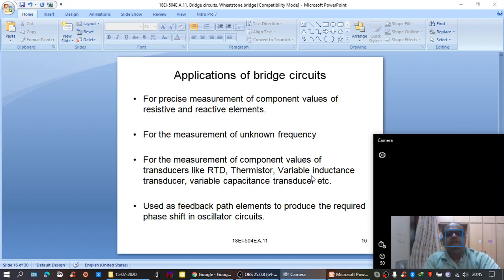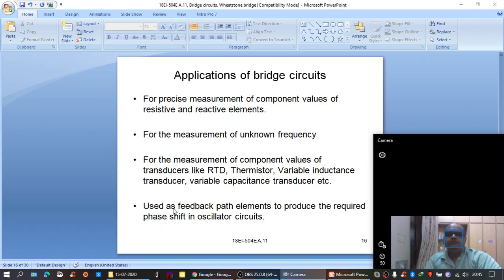Similarly, variable inductance transducer: place it in one of the arms, apply bridge balance condition, we can find out the unknown value of inductance. Variable capacitance transducer: place it as one of the arms, apply bridge balance condition, and find out the value of unknown capacitance. So that is one important application.